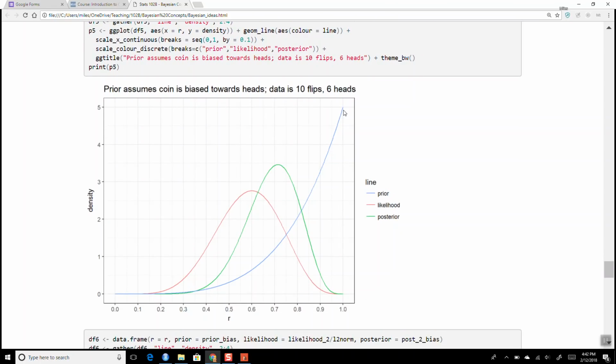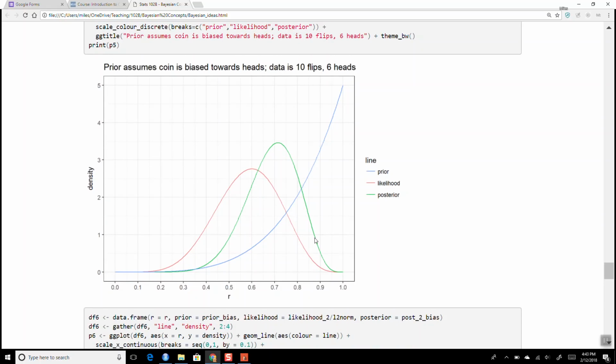Over here, we've got the prior being biased. So here we are assuming, before we even look at the data, that it's biased towards heads. In fact, our largest value happens when the probability of heads is 1. We look at our likelihood, which is centered at 0.6, and thus our posterior is adjusted so that it is a blend between the blue line and the red line to give us our green line here. So this represents a compromise between the blue and the red.